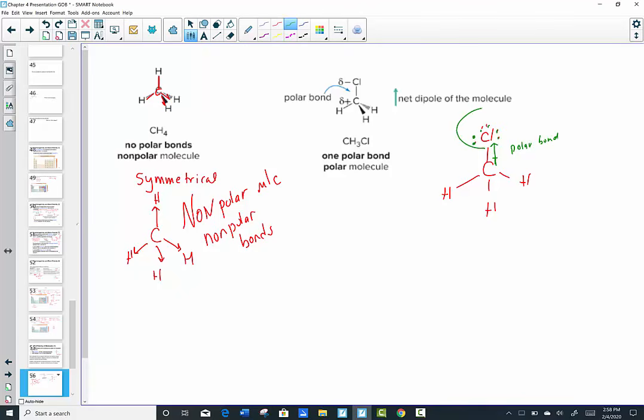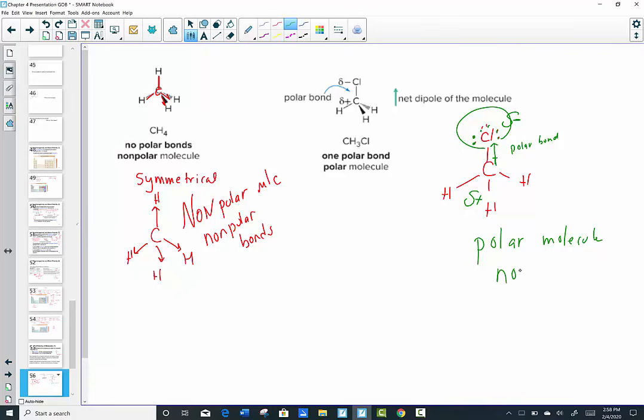And this here is a very rich region of electrons. So that's a very negative region, making this region a very positive or electron-deficient region. So this is a polar molecule because there is an unequal distribution of electron charge within the entire structure.